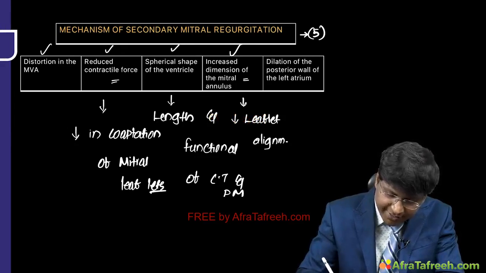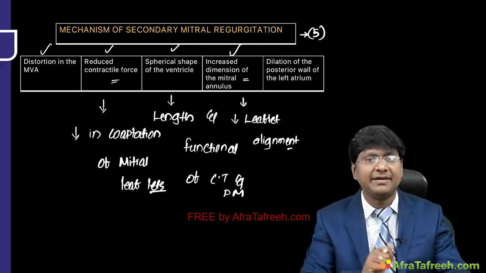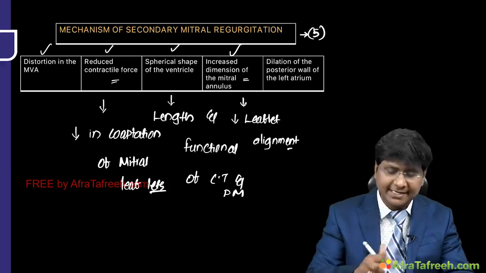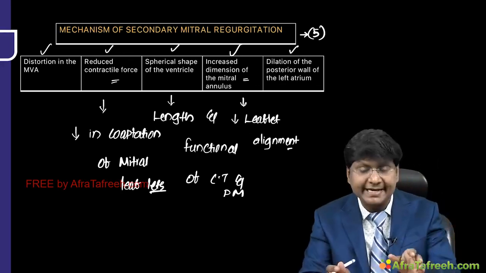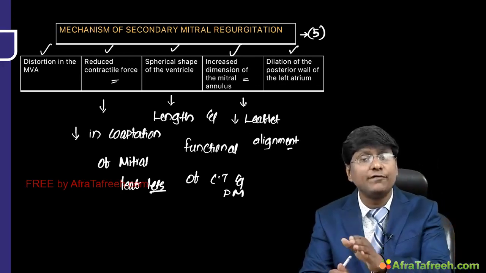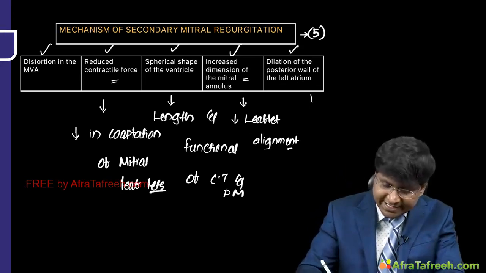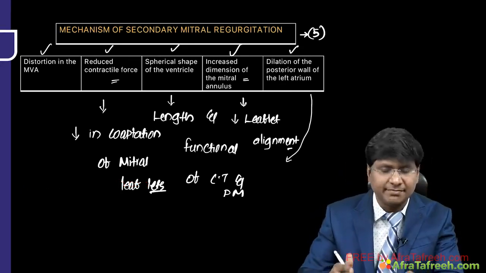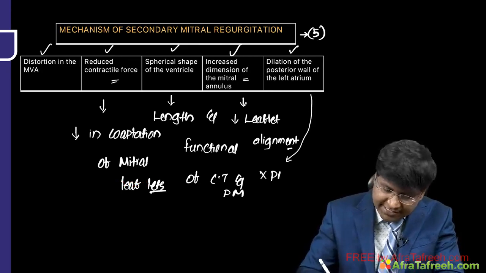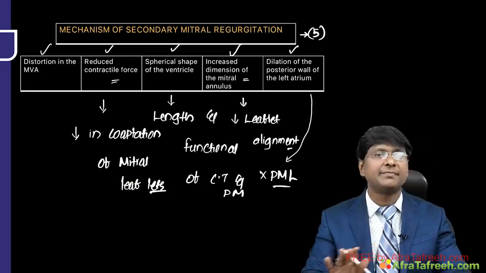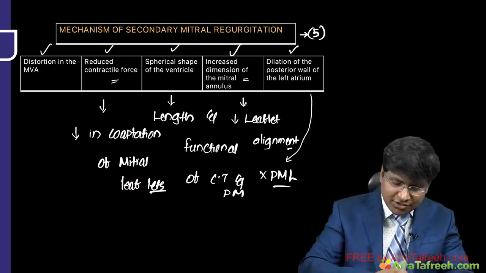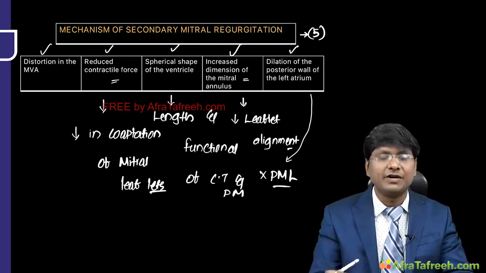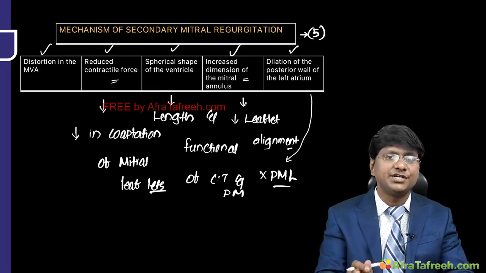Then followed by that, there will also be dilatation of the posterior wall of the left atrium. Once there is dilatation of the posterior wall of the left atrium, that will cause the distortion of the posterior mitral leaflet. Okay, so these are all the various mechanisms for the development of secondary mitral regurgitation in patients with the heart failure.